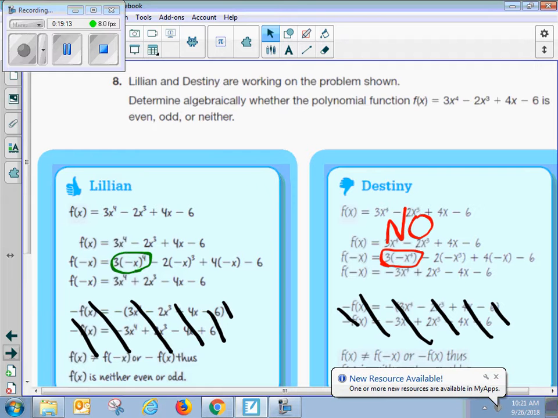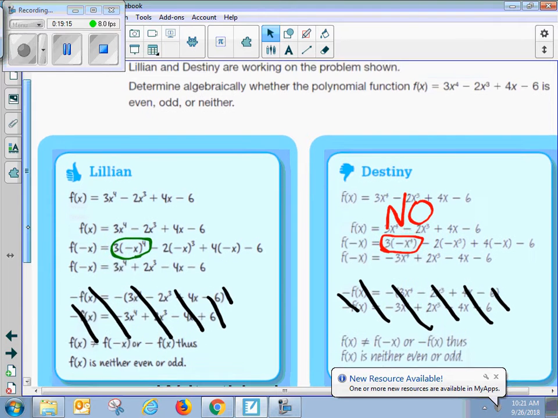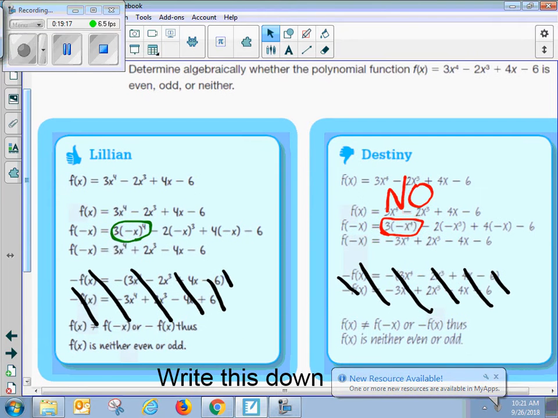Then we'll talk about what I have to notice. But look at their work. So Lillian replaced all of the x's with negative x's. Do you see so far what I'm doing? And then she said negative x to the 4th power is a positive 3x to the 4. And then she did all the other parts. Do you see what she did?